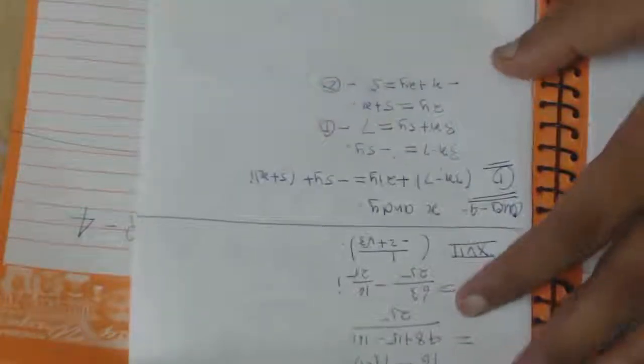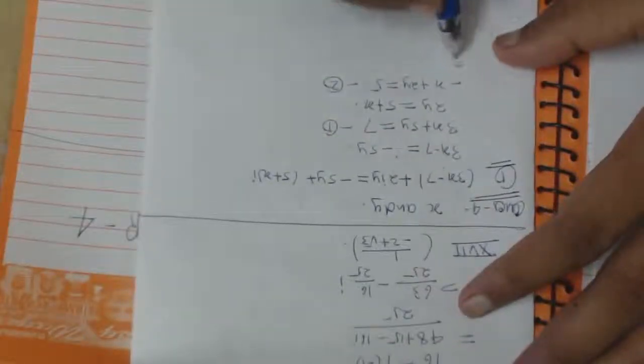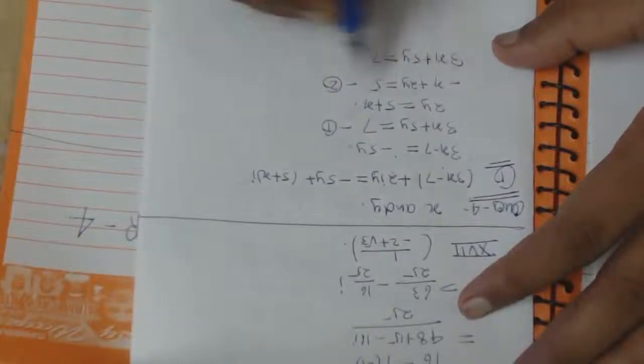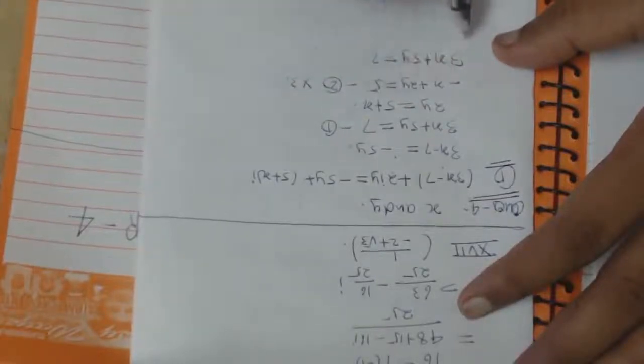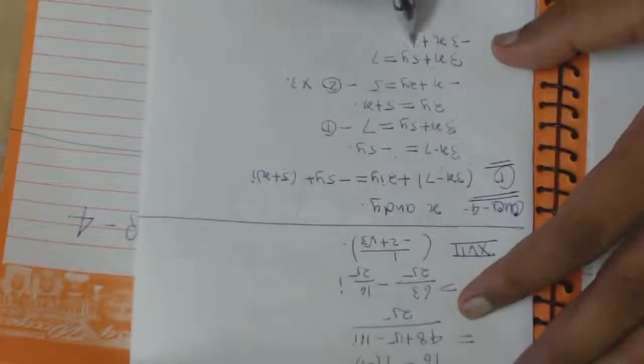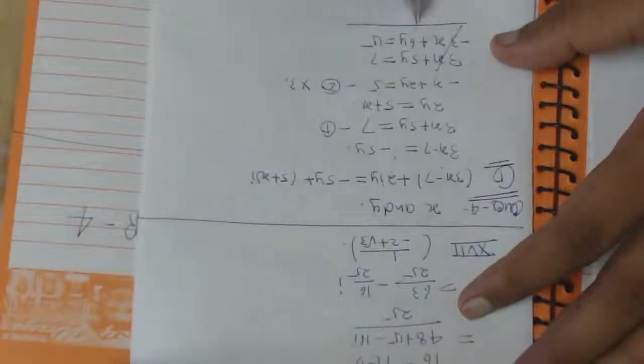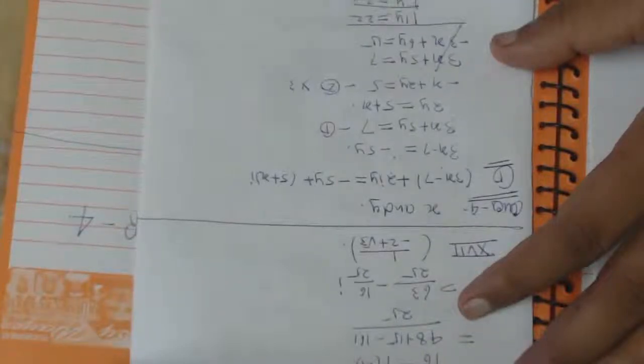Equation number 1, equation number 2 when solved. So this 3x plus 5y is equal to 7. I multiplied the second by 3. It will give you minus 3x plus 6y is equal to 15. Add, x cancels out, 5 plus 6, 11y, 7 plus 15, 22, y is 2.